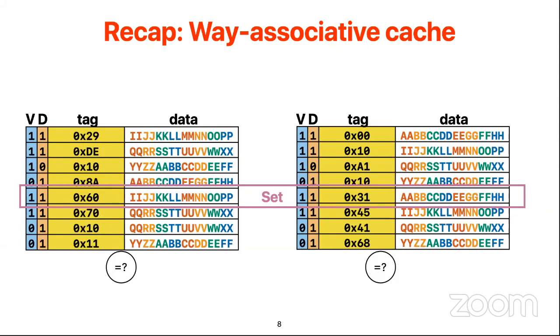The set here means the blocks that share the same index, or you can imagine they are the blocks that have the same hash value when we are accessing them. So that's the basic idea of a set.